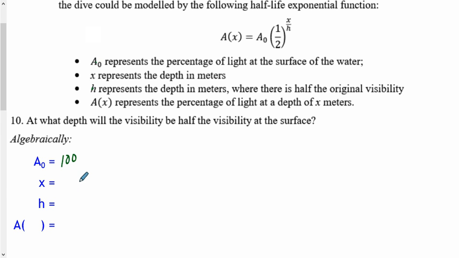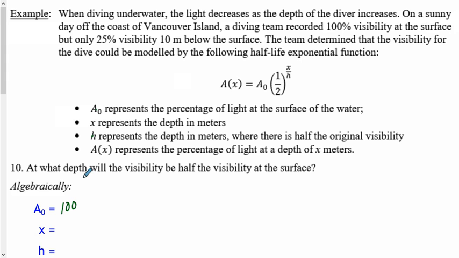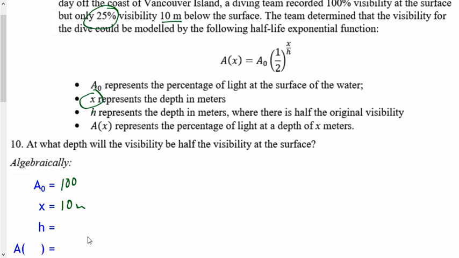So back to the question, what else do I know? Well, I know that at a depth of 10 meters, there will be 25% visibility. So again, I look at my information. X represents a depth in meters. So my x is going to be 10 meters. Funny looking m.